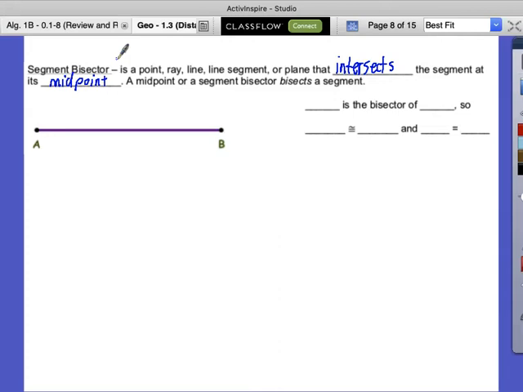So a segment bisector bisects the segment. We have this word called bisecting. If it bisects, it's a fancy way of saying it cuts it in half. It might be a good idea to write that down.